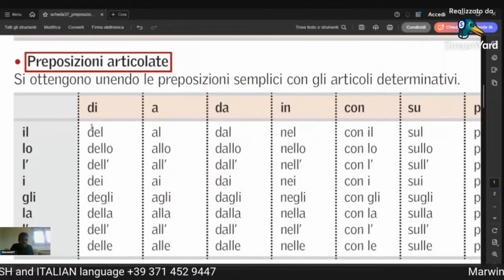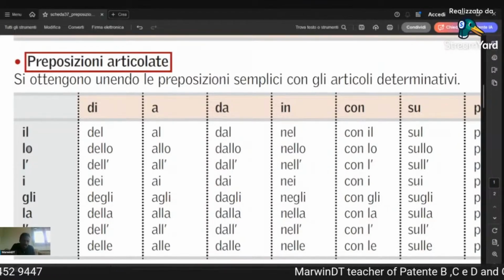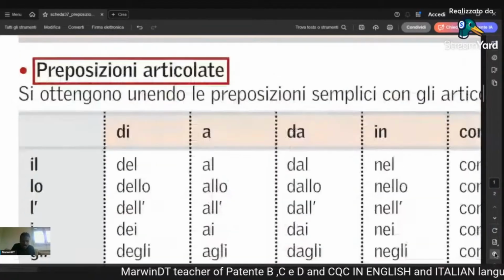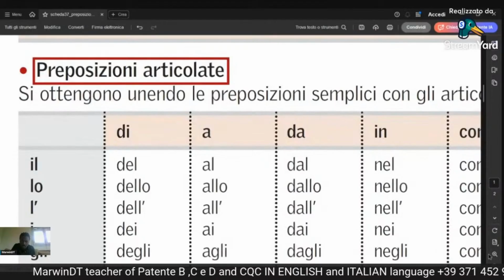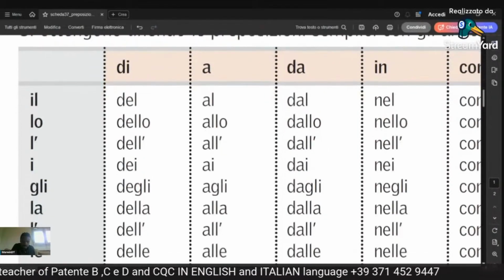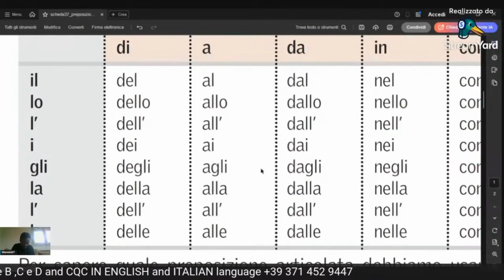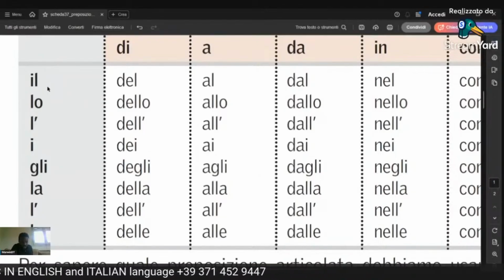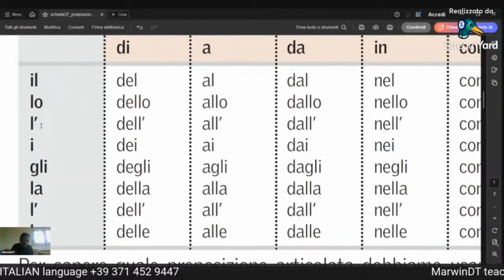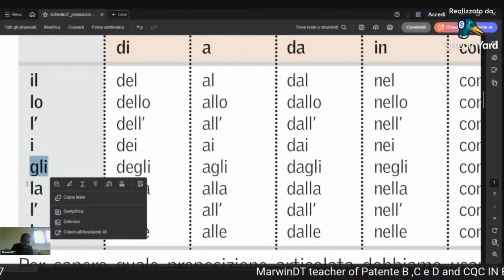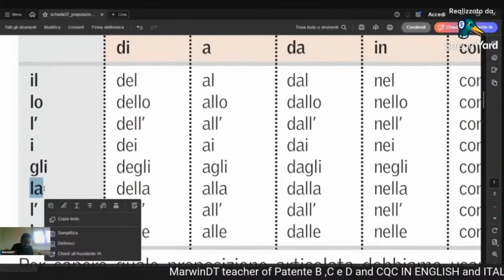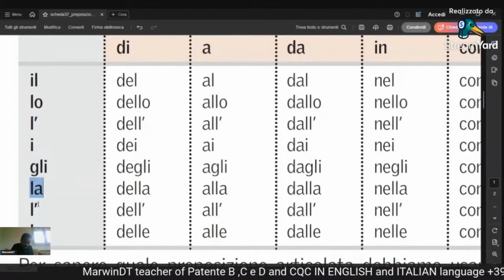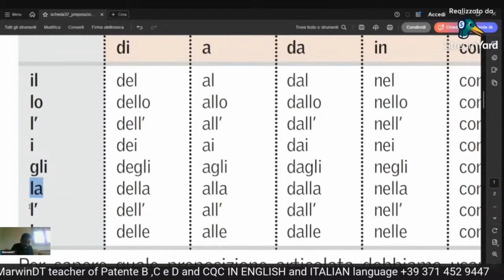So their foundation is il, lo, l apostrophe. Let me zoom it so that you can see it very well. So this is their foundation. Il, lo, l apostrophe, i, gli, la. Then we have again l apostrophe.